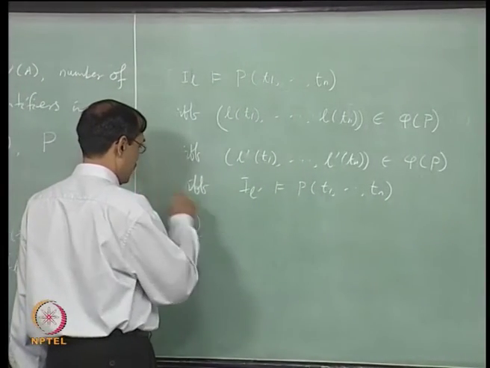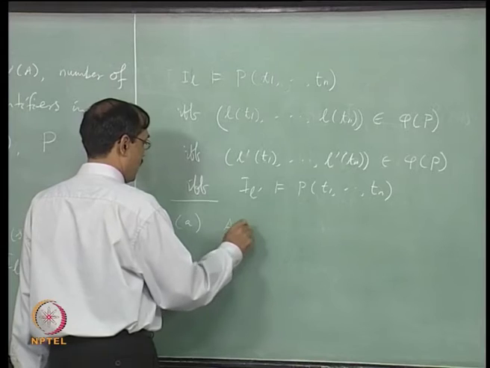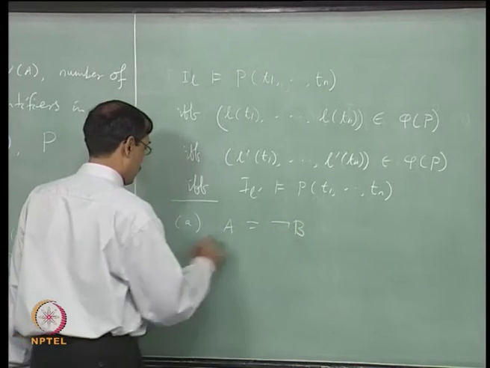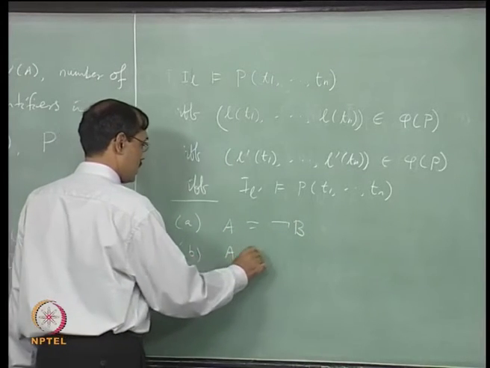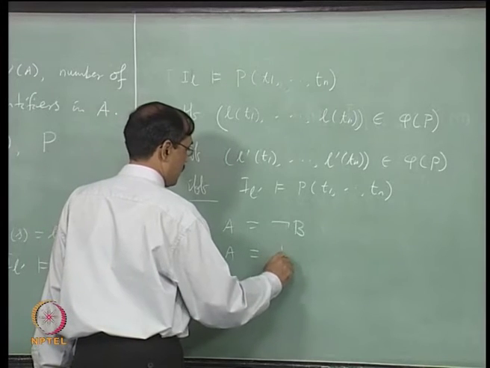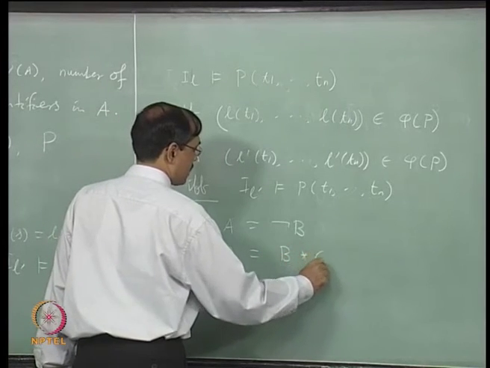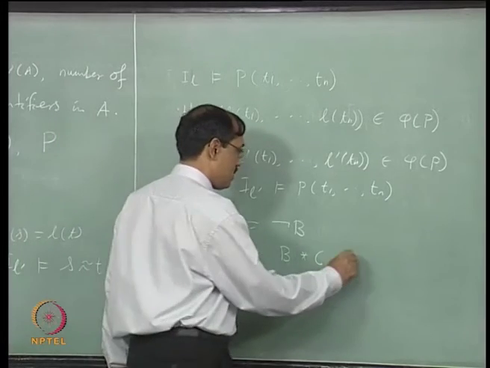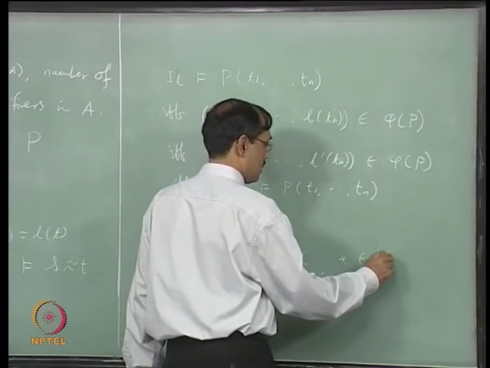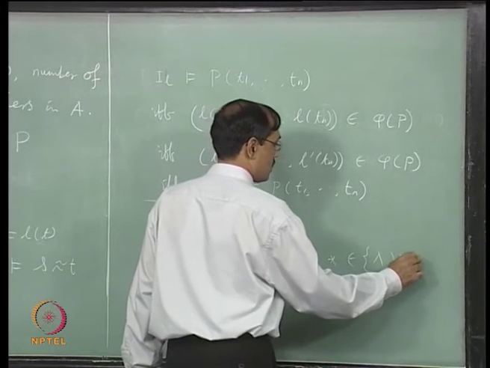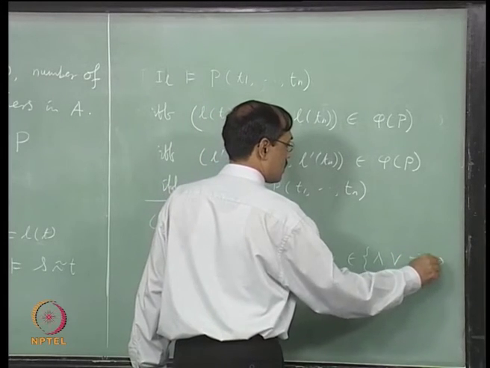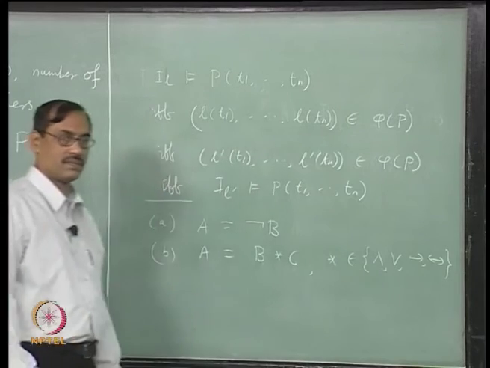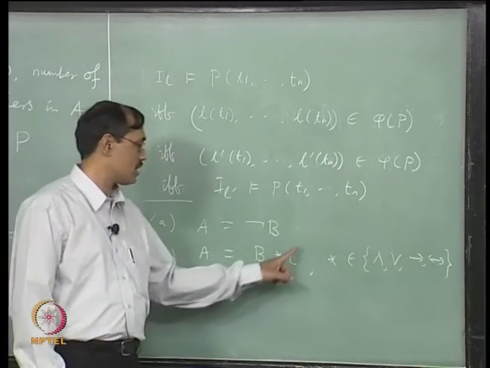So, now in the induction step we may have A equal to not B, or A will be say B star C, some binary connective. Okay. So, this star may be AND or conditional or biconditional, one of these, of course with parentheses.